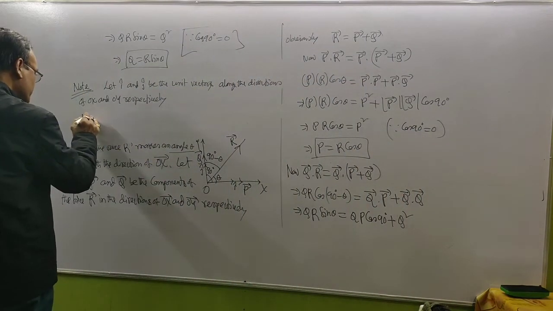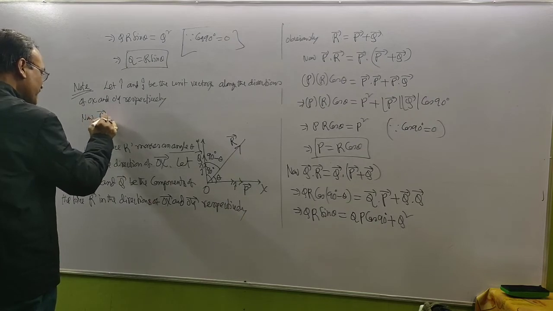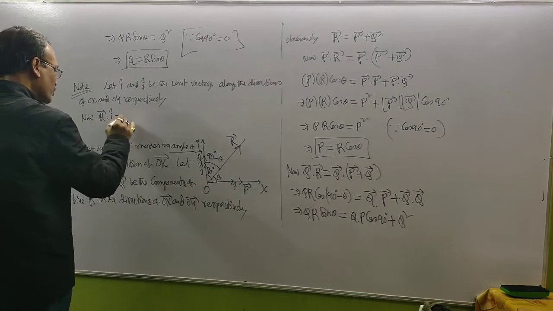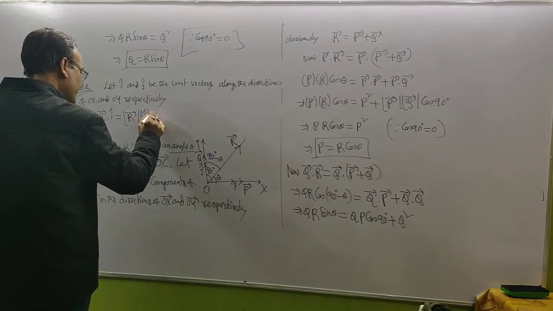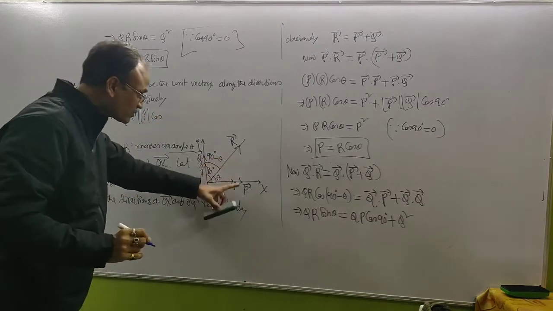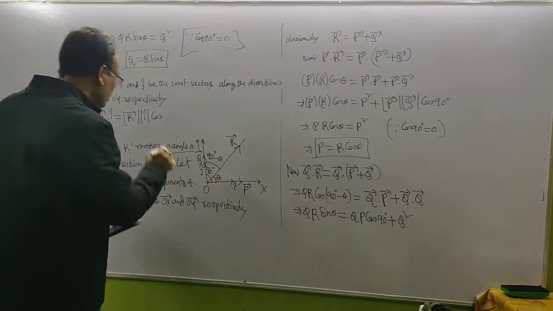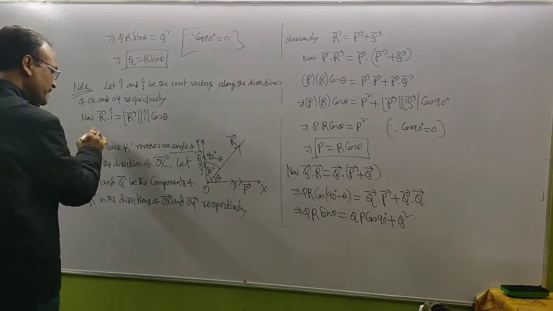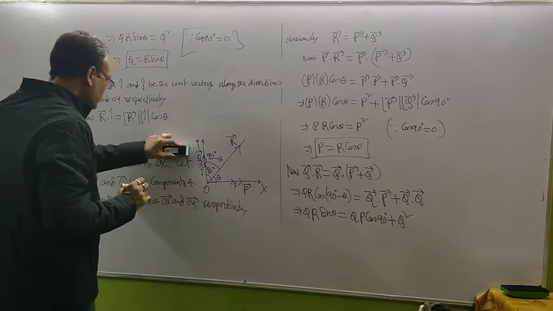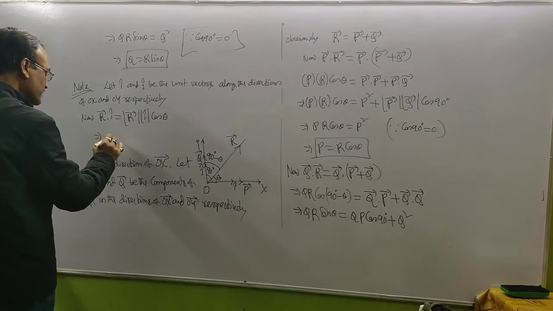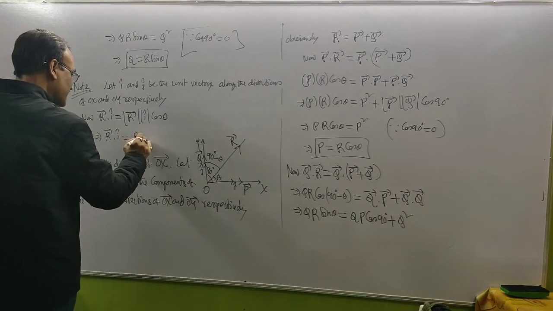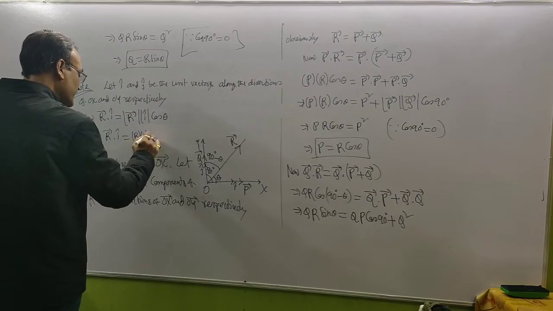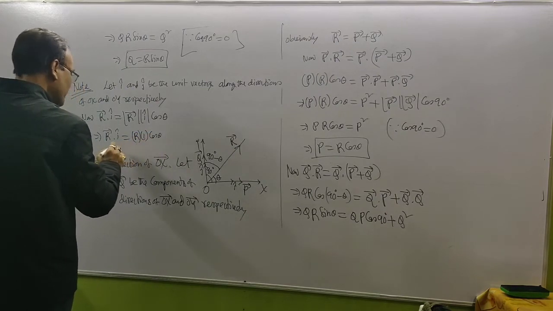Now, R vector dot i cap equal to what? Magnitude of R, magnitude of i into cos of the angle between them, which is theta.